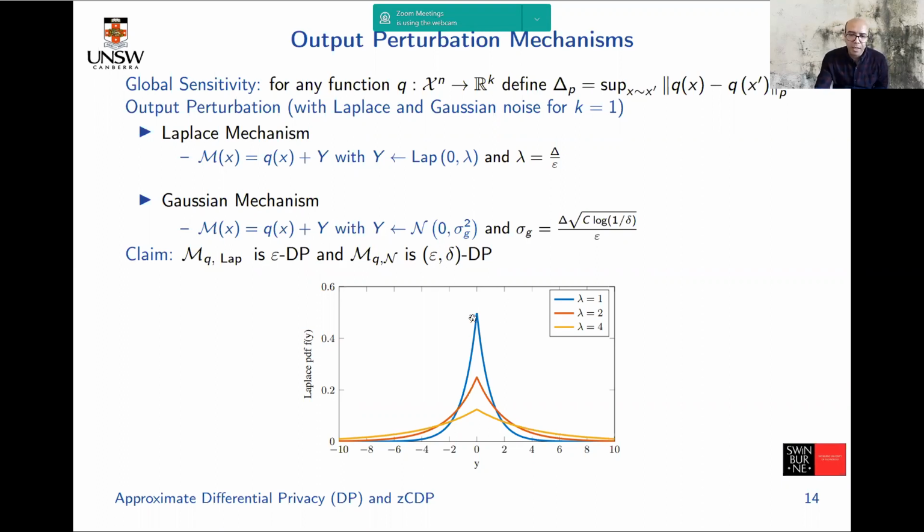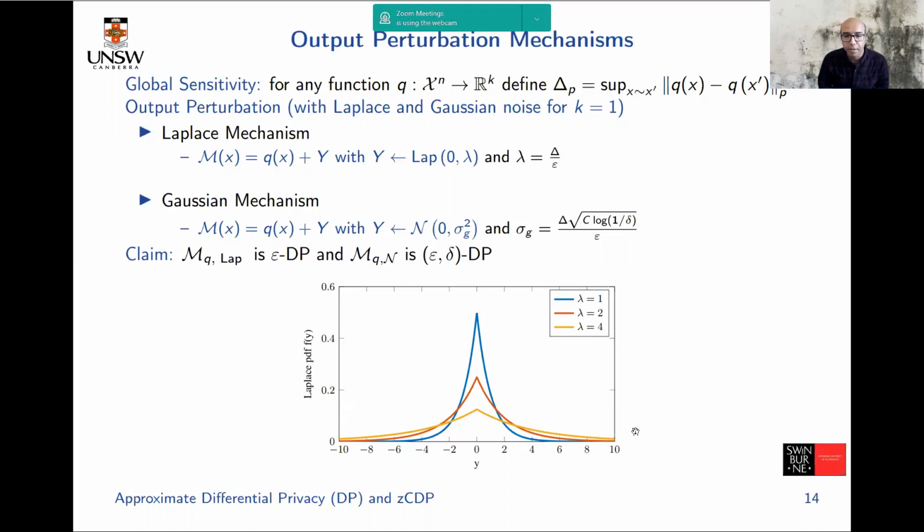So here we can see the PDF of the Laplace distribution, and as you see, when we increase the scale parameter from 1 to 2 to 4, the tail becomes heavier, and that creates problems in terms of bias, outliers, and, for example, challenges for the post-processing of data.